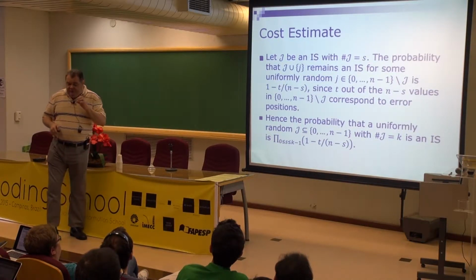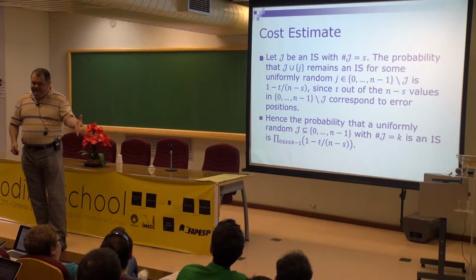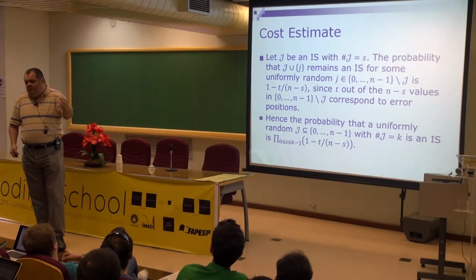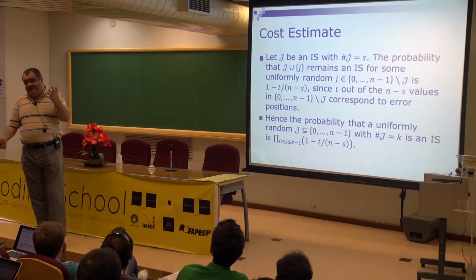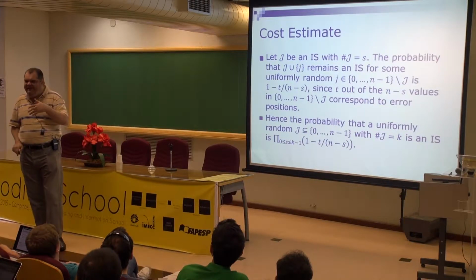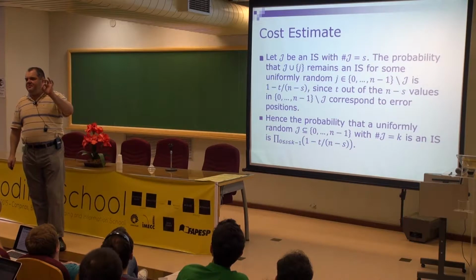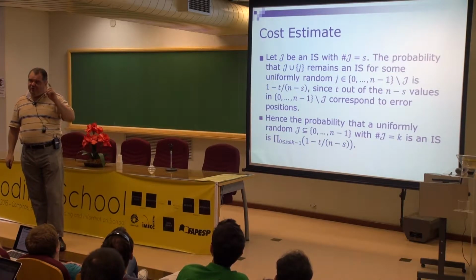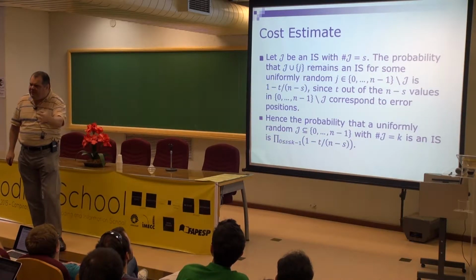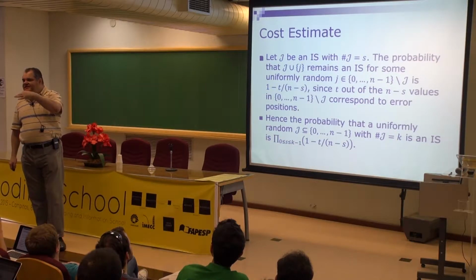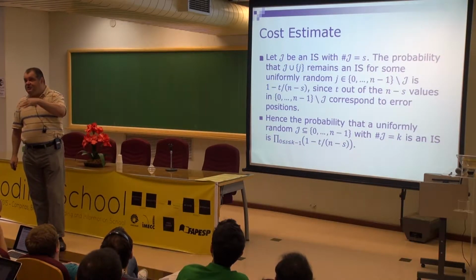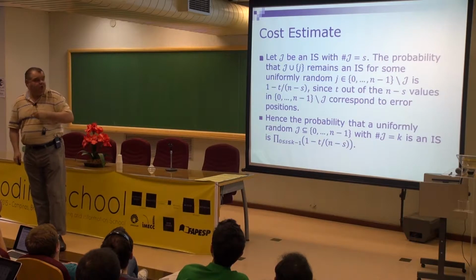What is the probability that when we pick at random, or not quite at random, according to any specified criterion, another coordinate not yet in J, the resulting set is still an information set with one more coordinate?